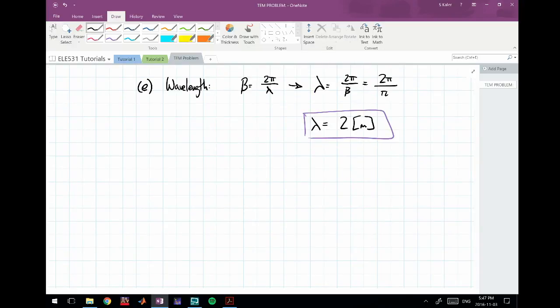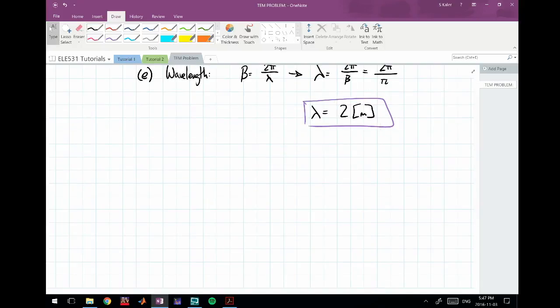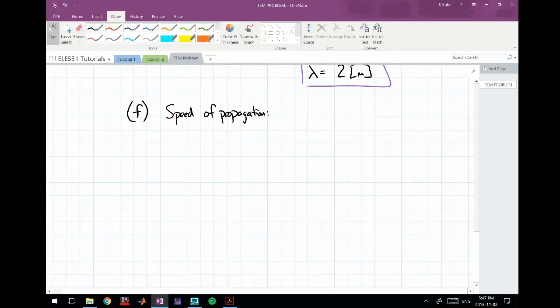Now, let's move on. Next part, part F. Part F asks for the speed of propagation. You may be tempted to write the speed of light, but we have to realize we're in a dielectric, and so we can't just say c, which is 3 times 10 to the 8. Instead, there's a bunch of different ways you can approach this. I think the simplest way is to say u equals f lambda.